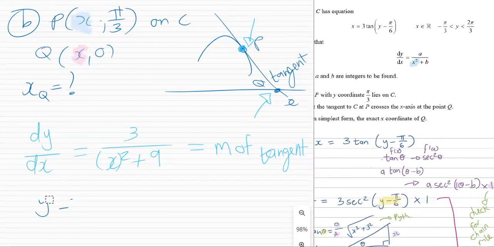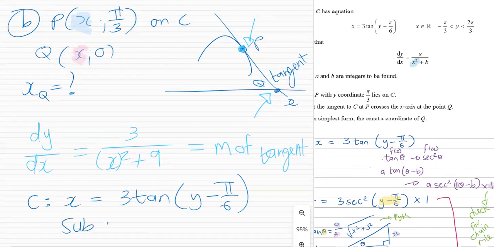C was written the other way around: x equals 3 tan of y minus pi over 6. So you can just sub in y equals pi over 3.